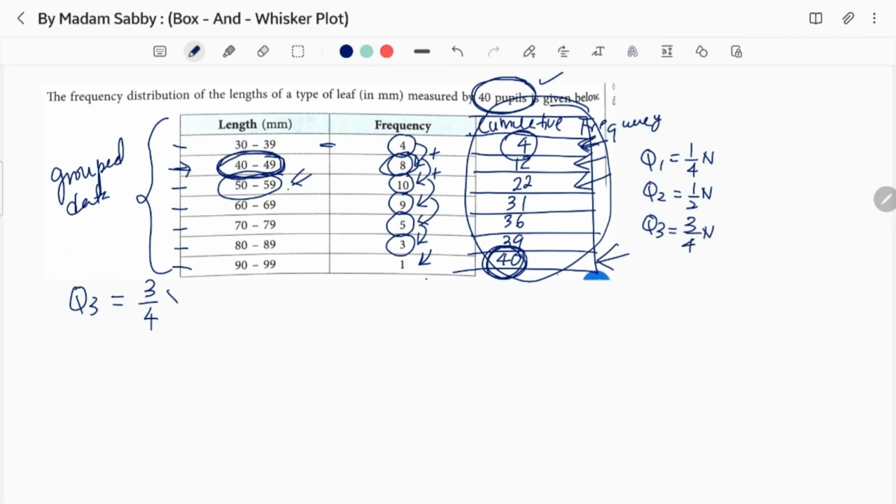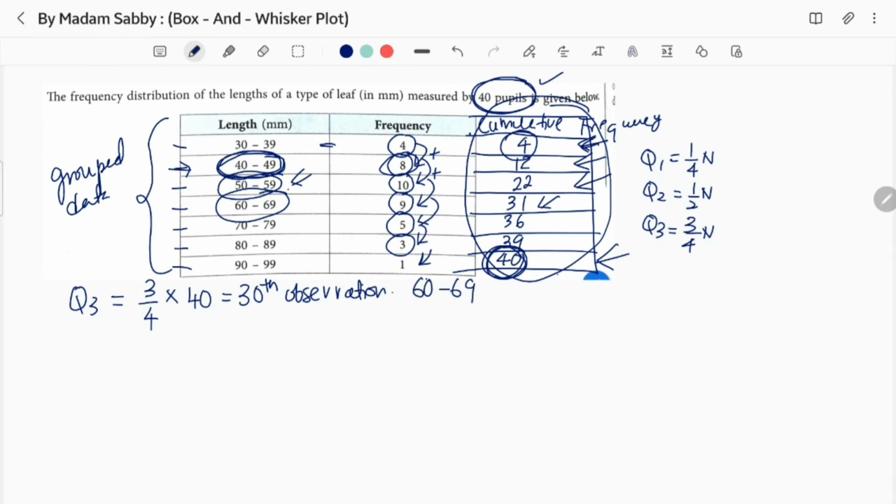So 3 quarters times the 40 observations, we have the 30th observation. If we look at the frequency distribution table here, the 30th observation is in the 4th class interval, which is between 60 to 69.